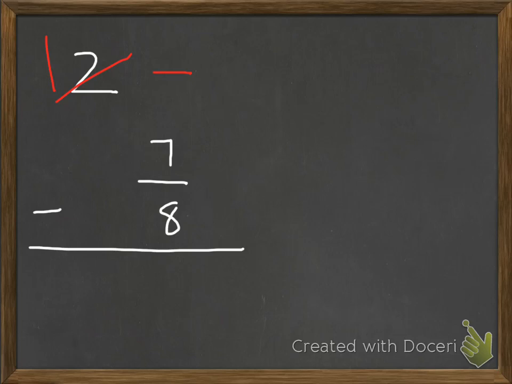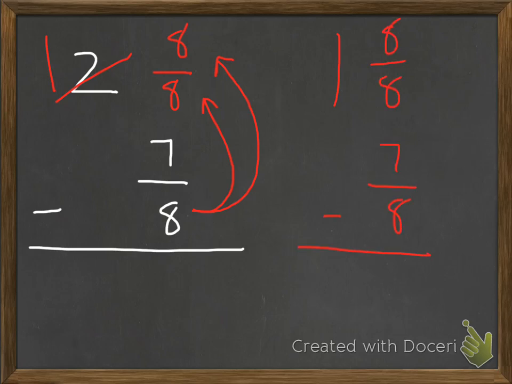And then my denominator here is 8, so my denominator for this fraction will also be 8. And my numerator will also be 8. So now my problem is 1 8/8 minus 7/8. And 8 minus 7, subtracting the numerators first, 8 minus 7 is 1. Denominator stays the same. And 1 minus 0, just bring it down. Your answer is 1 1/8.